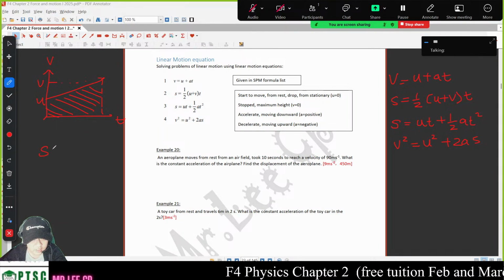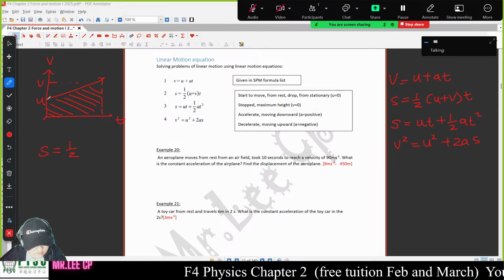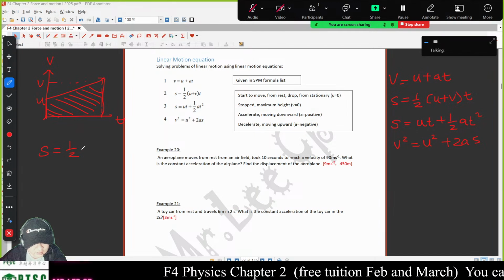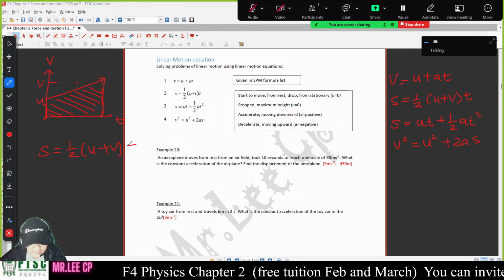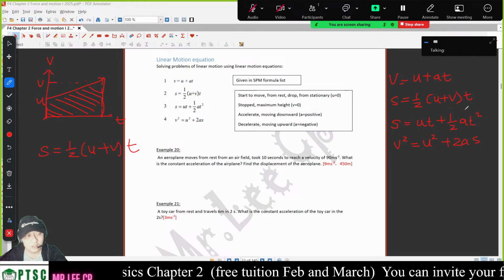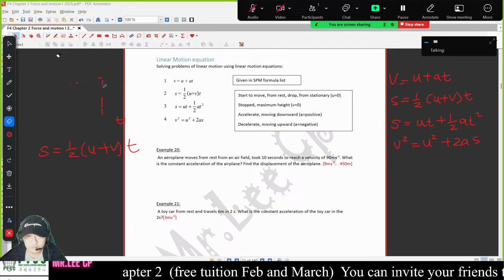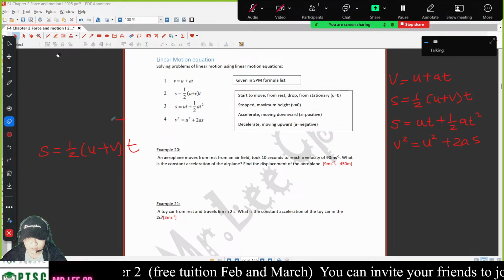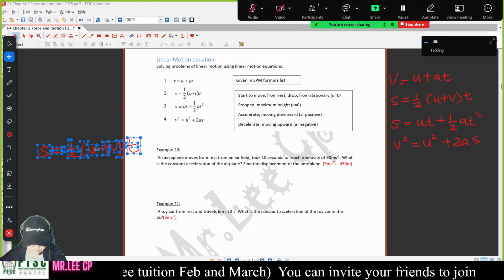So displacement is a trapezium. The area of a trapezium is half times the sum of the two parallel sides, so (U plus V) times the height T. That's how you get it. So you have two formulas already. The third formula you need to substitute in, then you get the answer.